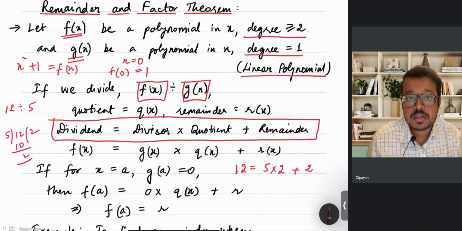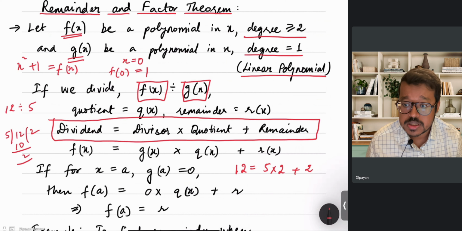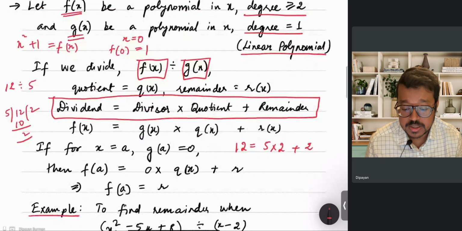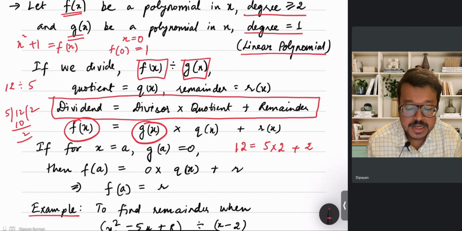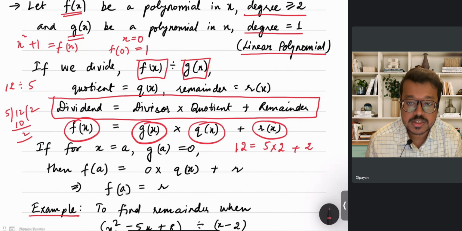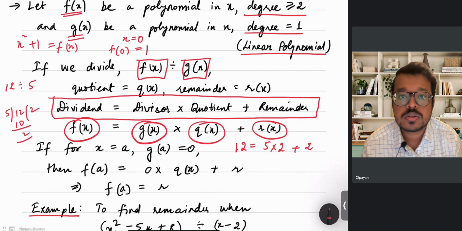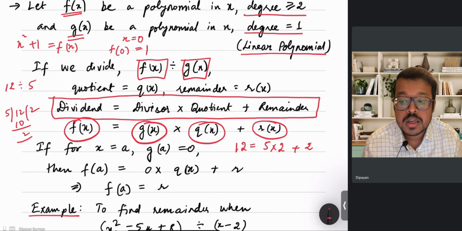Now for the situation of division of polynomials, I will say that my dividend f of x will be equal to divisor g of x multiplied by some quotient q of x and some remainder r of x. The quotient and remainder we can also assume are some polynomials.